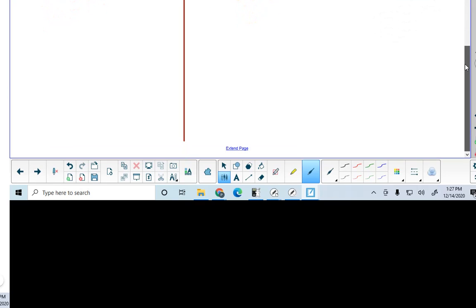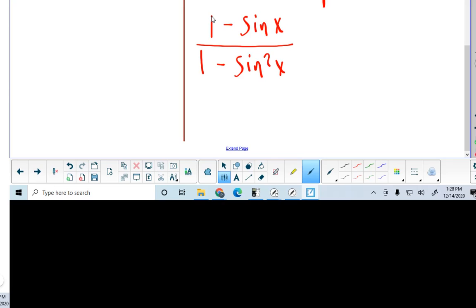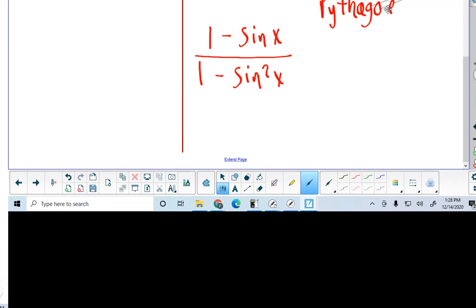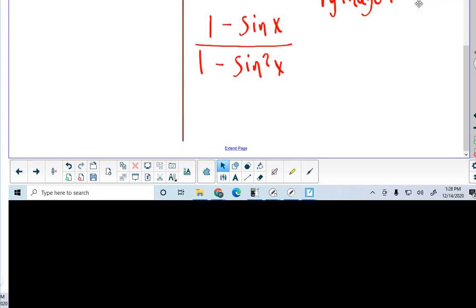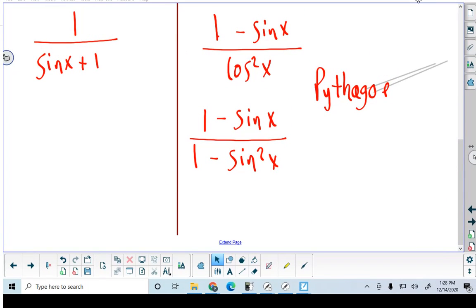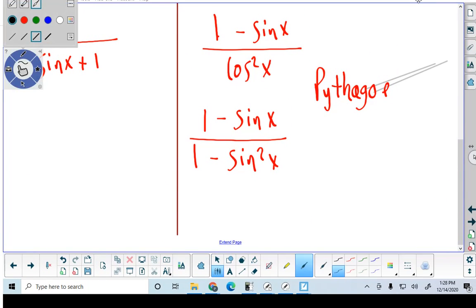What we're going to do now is rewrite this as 1 minus sine x over 1 minus sine squared x. We're using the Pythagorean identity.